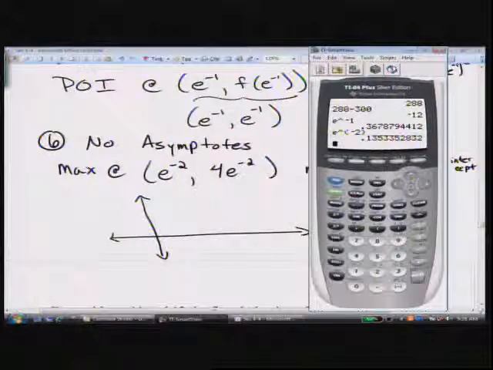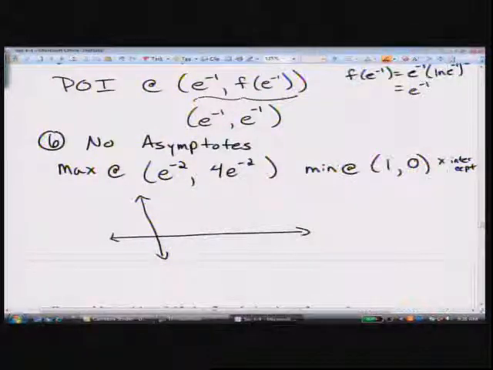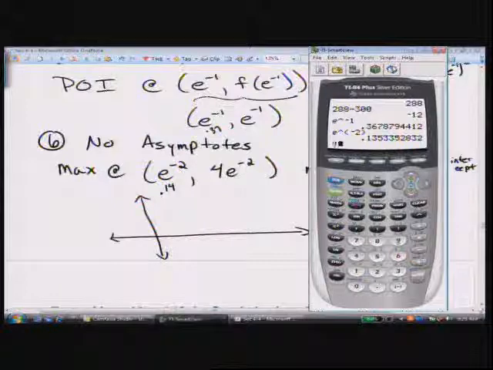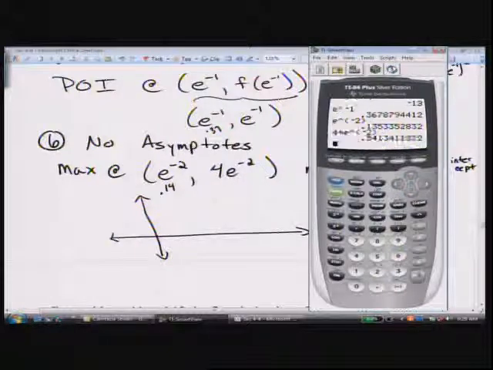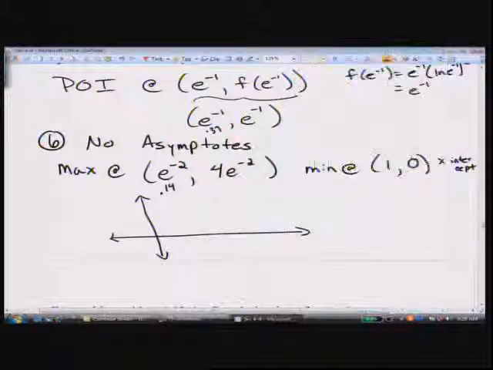So 0.37 and 0.14. And let me see what 4e to the negative 2 is. 4 times e to the negative 2 is about 0.54.